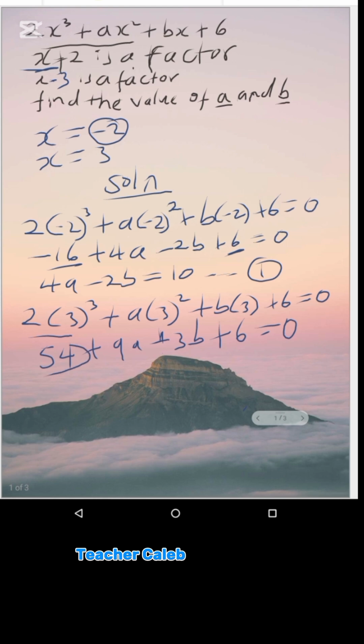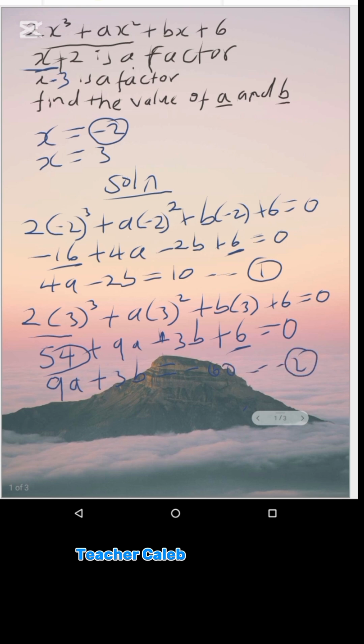When you take 54 plus 6, you get 60 because they are like terms. From there we form another equation: 9a plus 3b equals negative 60. This is our equation 2.